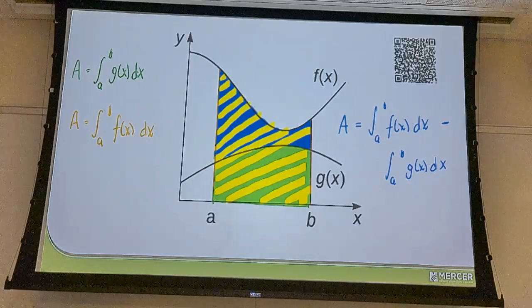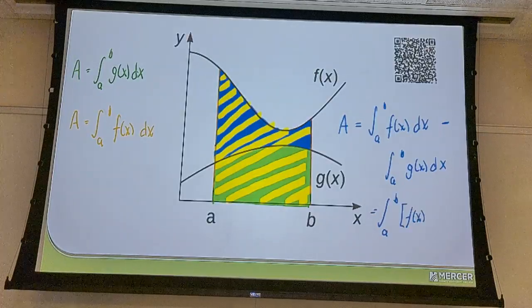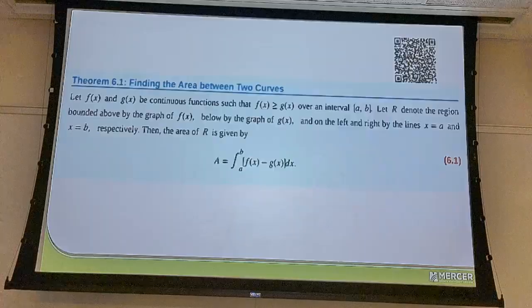But remember what we know about integrals. They're linear. So this is how we would find the area between two curves.